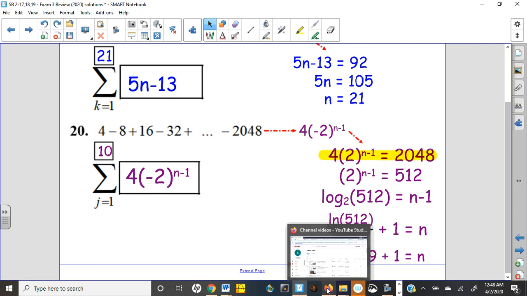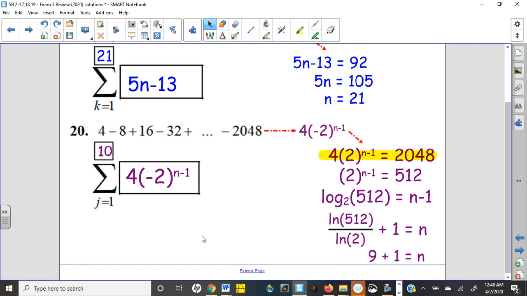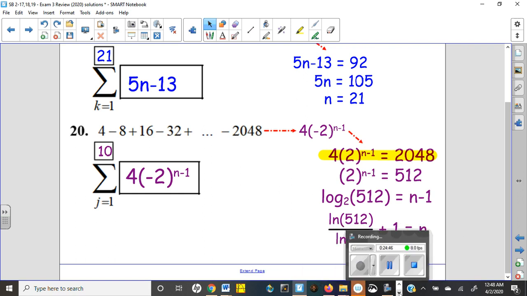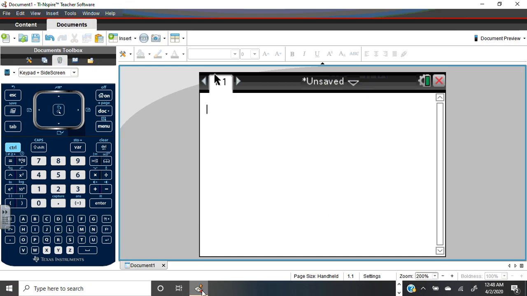But you'll be taking these tests in a situation where you're not going to have to put yourself into press test mode. You can just type in log base 2 of 512. And so it would actually look like, where did my calculator go? There it is. I'll just go to the log template over here.